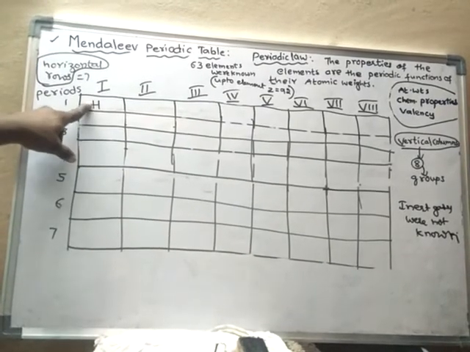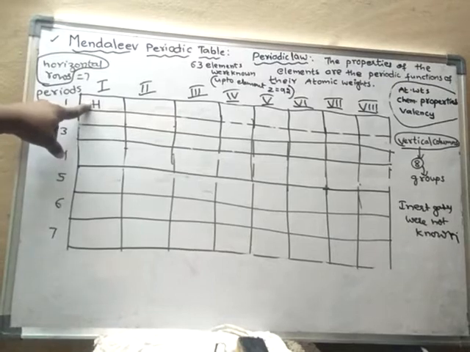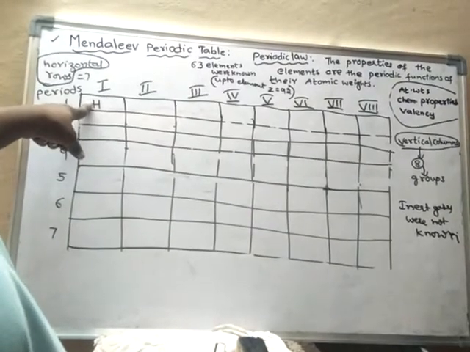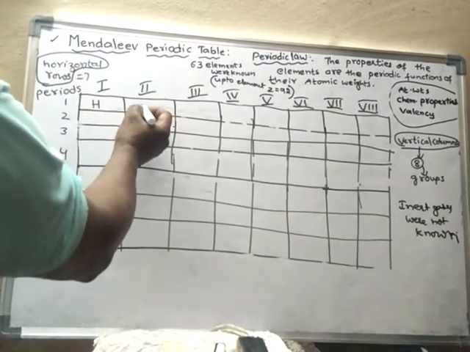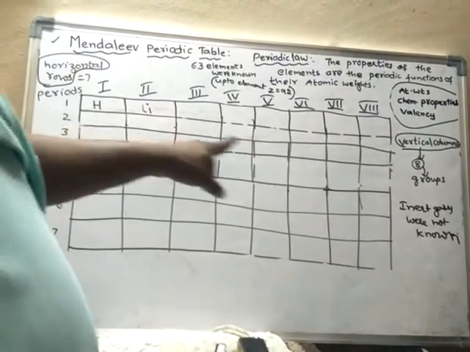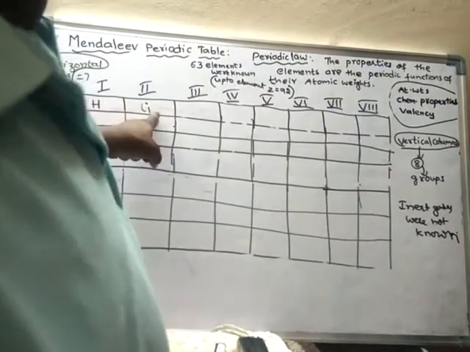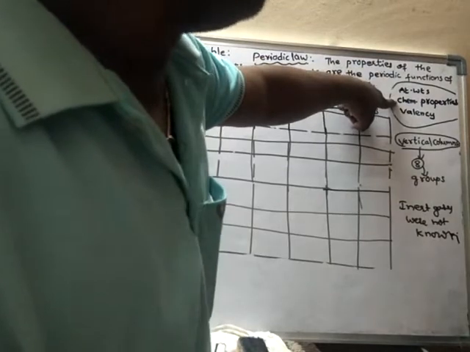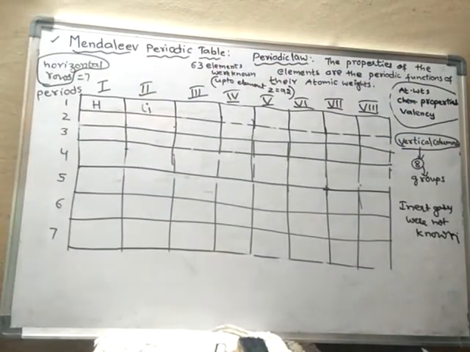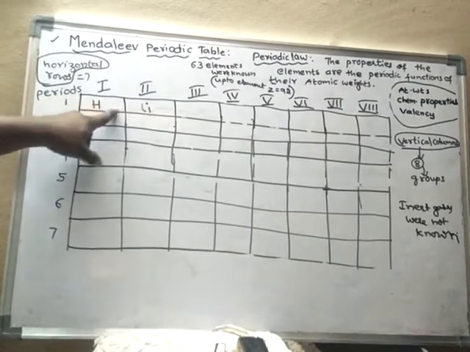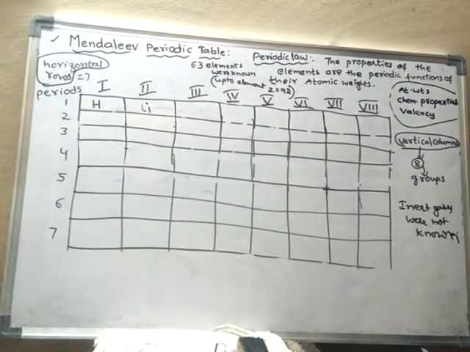First he arranged hydrogen, which has the least atomic weight, and the element with the next atomic weight is lithium. So he should arrange lithium here. But while arranging the elements, he not only considered atomic weights, he also considered the chemical properties. Hydrogen and lithium show somewhat similar chemical properties.